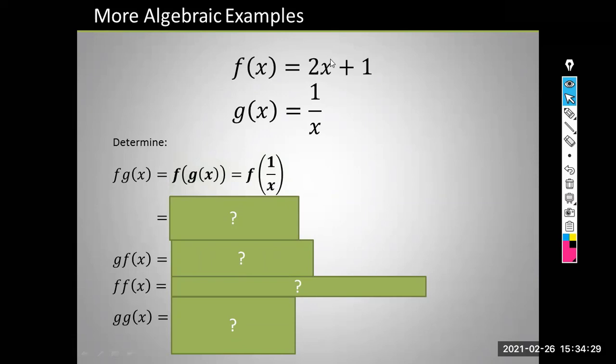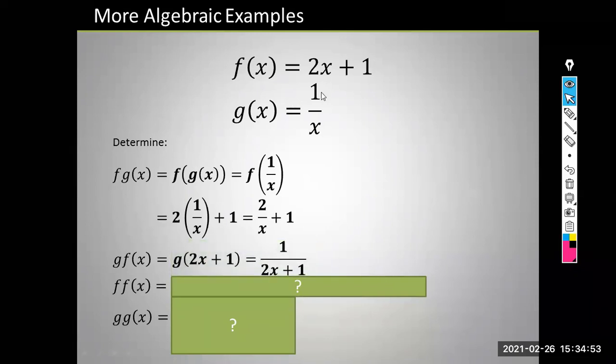So 2 times 1 over x plus 1, equal to 2 over x plus 1. GF is 2x plus 1. Wait, no, 1 over 2x plus 1. Gfx, so function f first, 2x plus 1, then apply this value into g. So 1 over 2x plus 1.